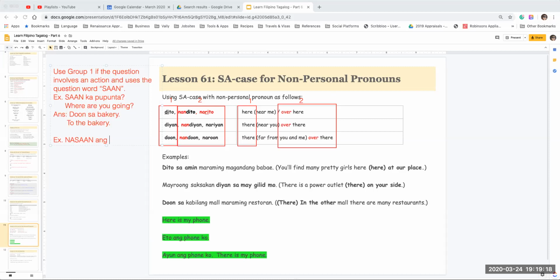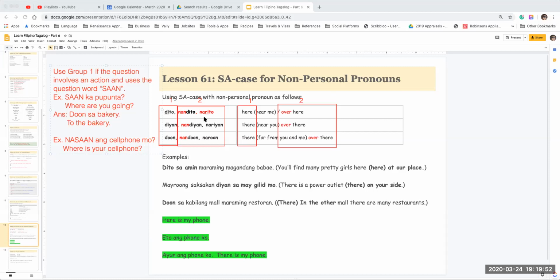For example, "nasaan ang cellphone mo?" This is "where is your cell phone?" So you can answer me with one of these three, depending on how close it is to you or how far it is.